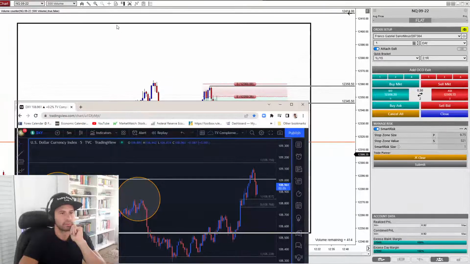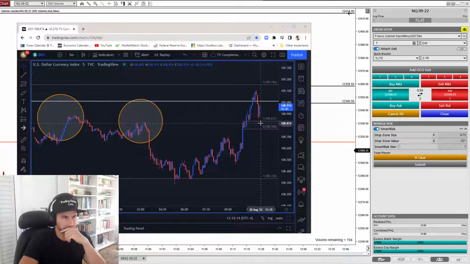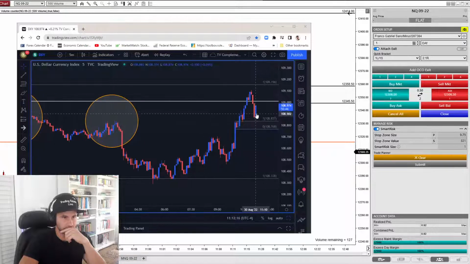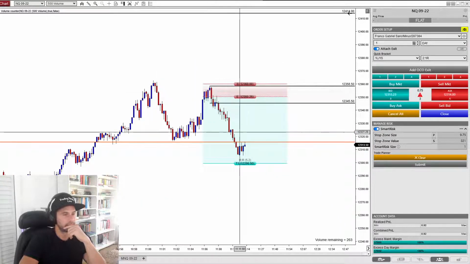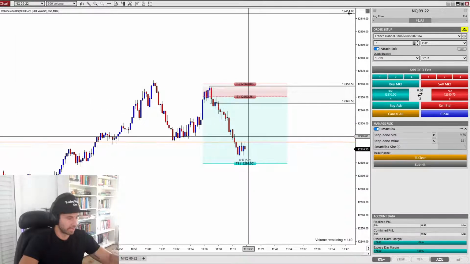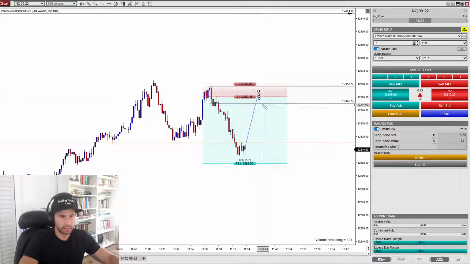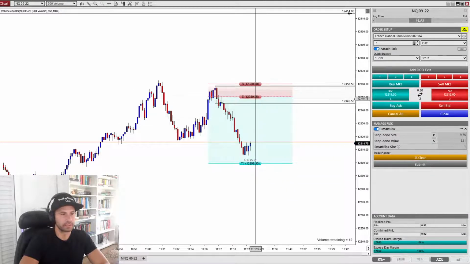This is the dollar. I was expecting this to retrace back down and come into the demand. We did not tap the demand. We're just going back up from here, and that is translating into this drop. Okay, so in the next 5 minutes, if we have a retracement here, we could take this to the downside.